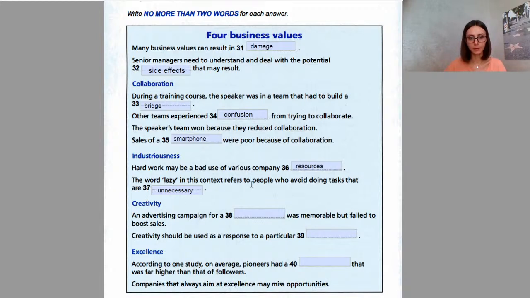So unnecessary or not necessary, both work. 38, chocolate bar. Or 39 is problem. And the final answer, 44, is market share.